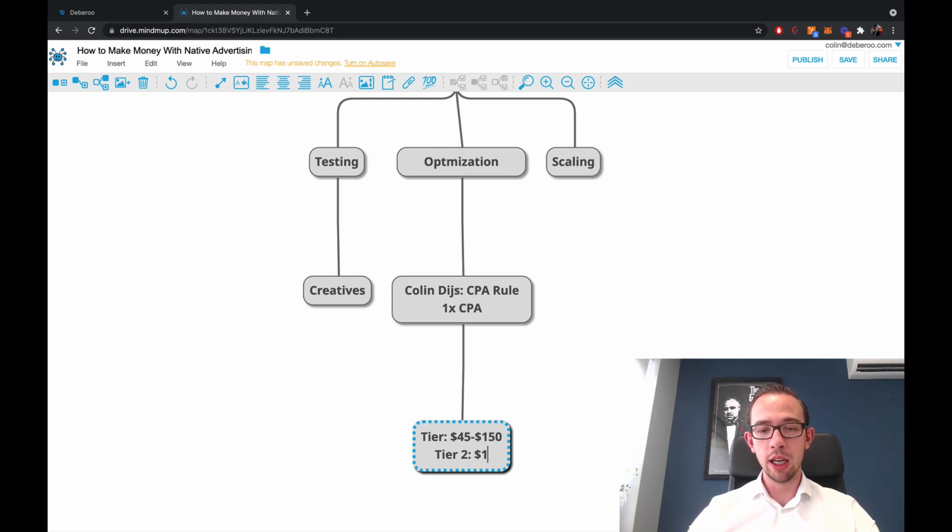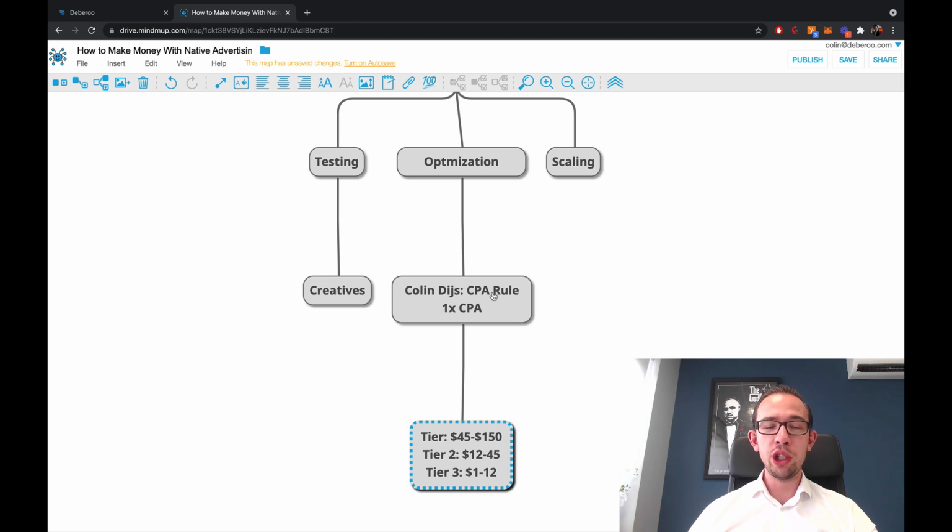So it's, let's say, 12 to maybe 40. And then tier 3, which we don't necessarily run that often on native, maybe $1 to $10, right, or 1 to 12. So it fits properly. So this is a good indicator of what you might expect to use as a payout for these things.